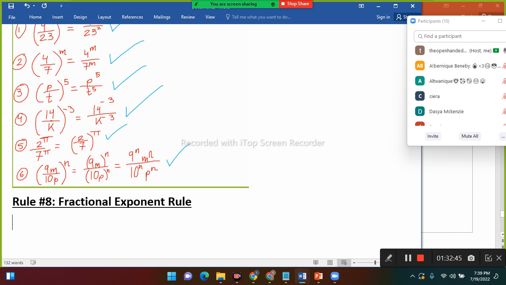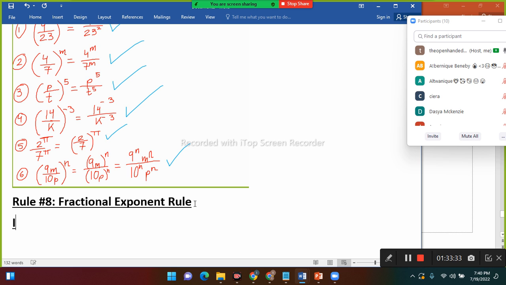So if we have a fractional exponent, a fraction as the power on top, we could convert that term such that we have a radicand, a root and a power. So that's like fraction powers.